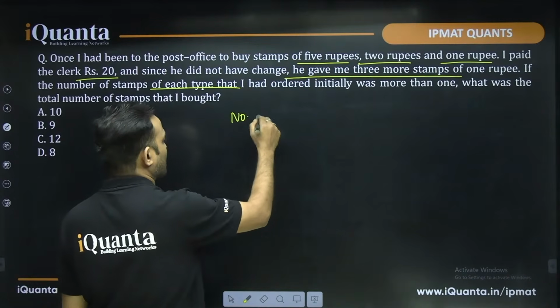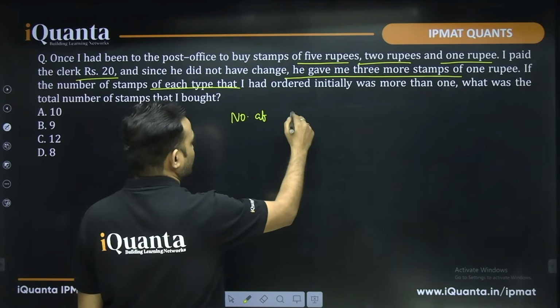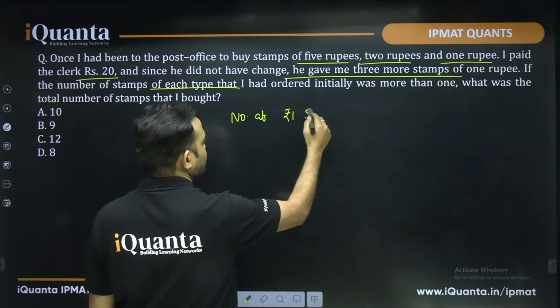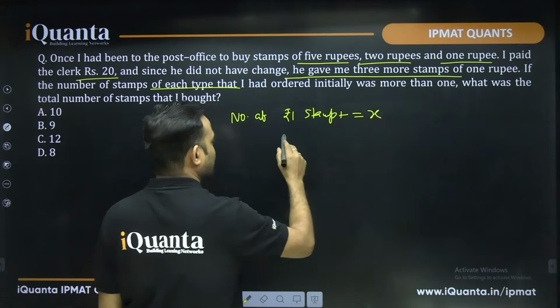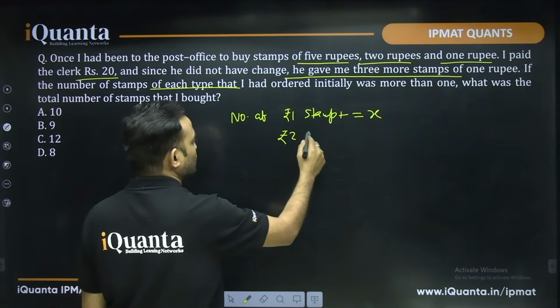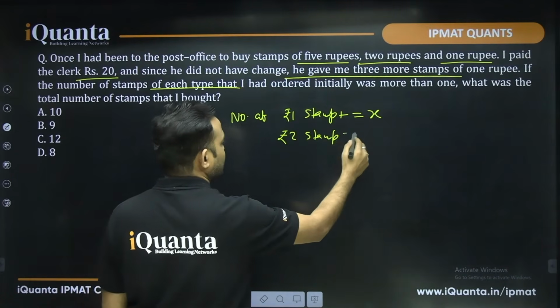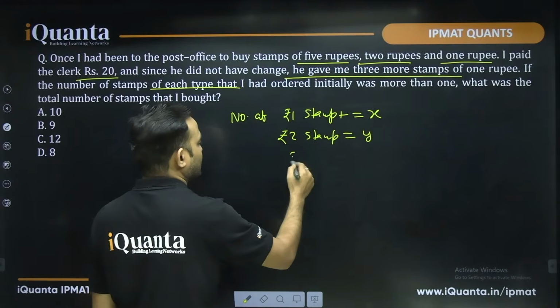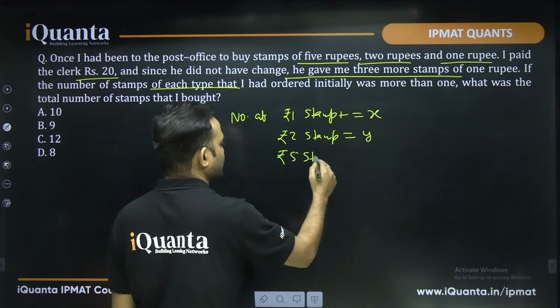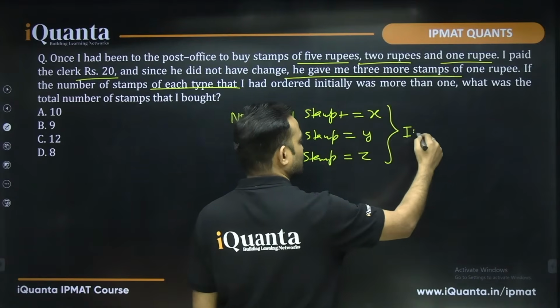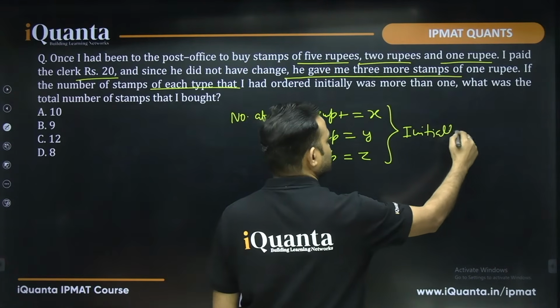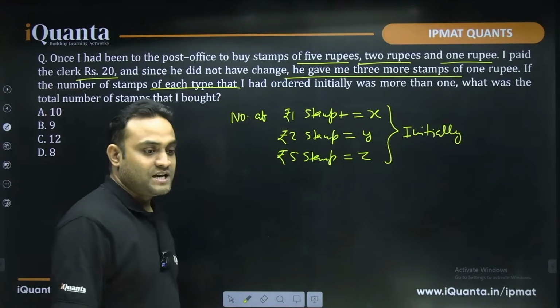So the number of 1 rupee stamps is equal to x, 2 rupee stamps is equal to y, and 5 rupee stamps is equal to z. These are the initial values.